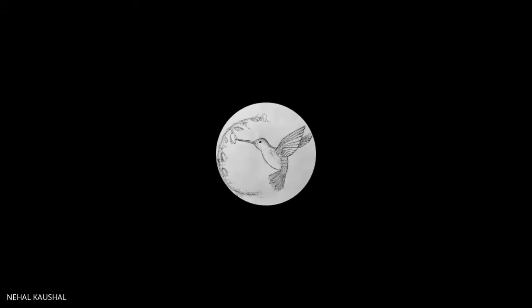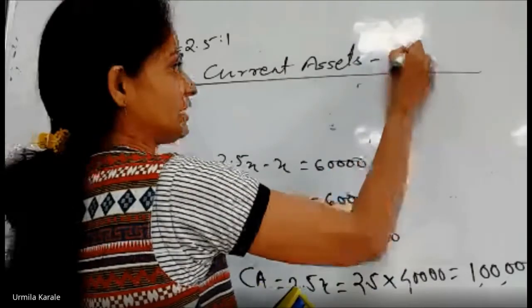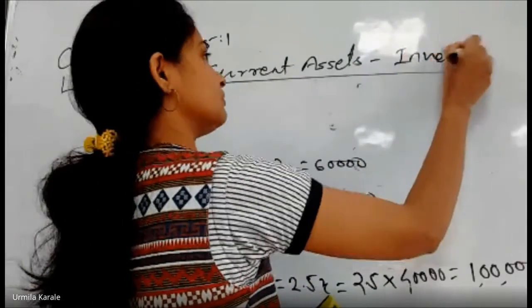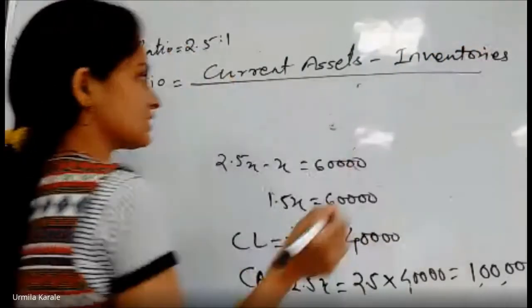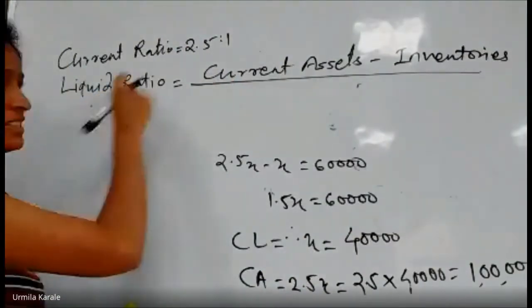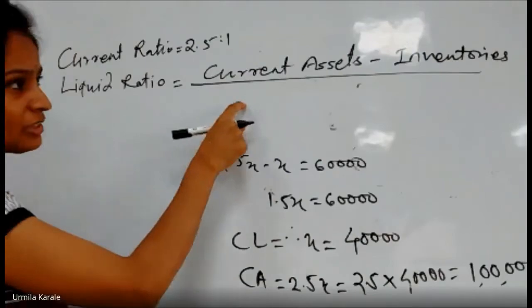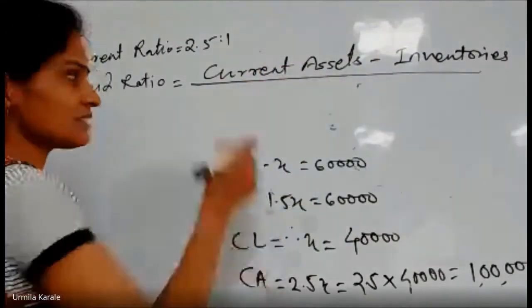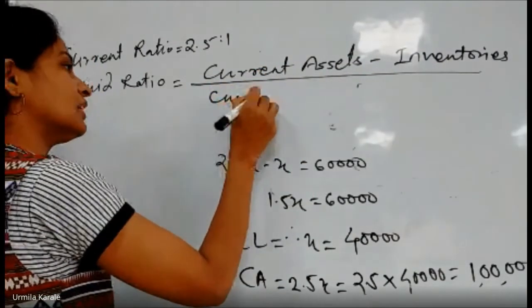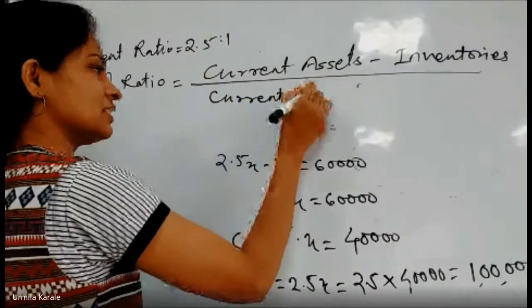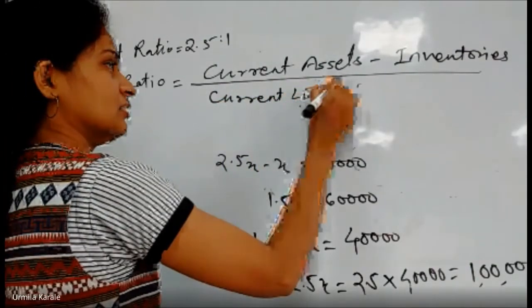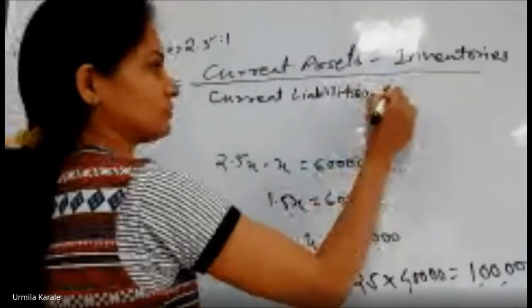Stock or inventory. Yes, so inventory or stock we minus from here to get the liquid assets. Now the liquid ratio formula is liquid assets upon liquid liabilities, right? So liquid assets we get by minusing inventory from current assets, and liquid liabilities we get by minusing bank overdraft from current liabilities.